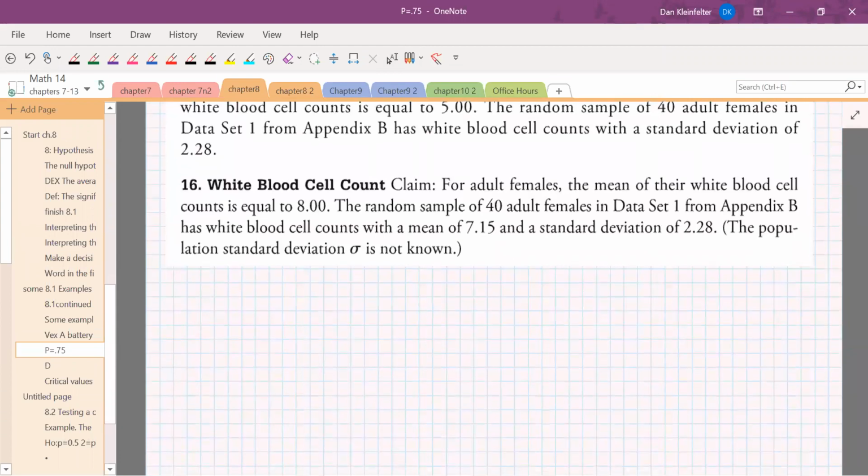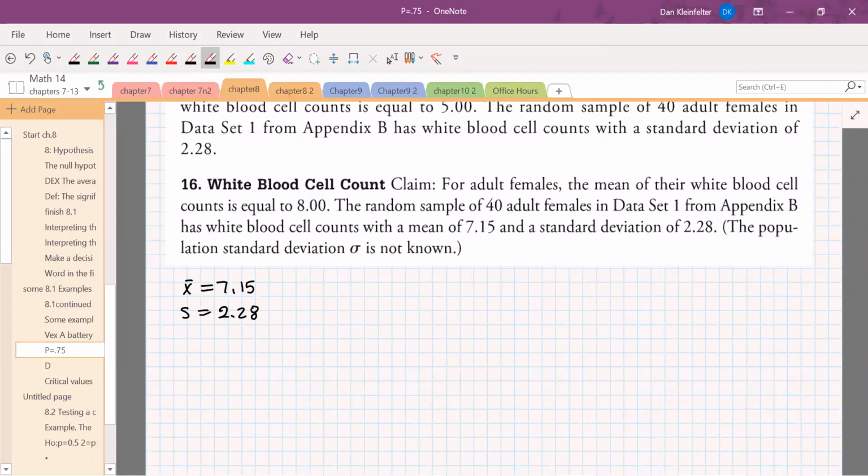Now we'll go to 16. For this one, for adult females, the mean of their white blood cell counts is equal to 8. A random sample of 40 adult females in the appendix has a mean of 7.15, so that is our x bar, and then a standard deviation of 2.28.